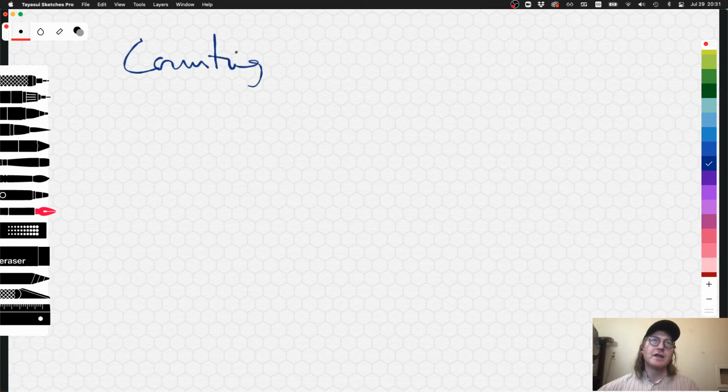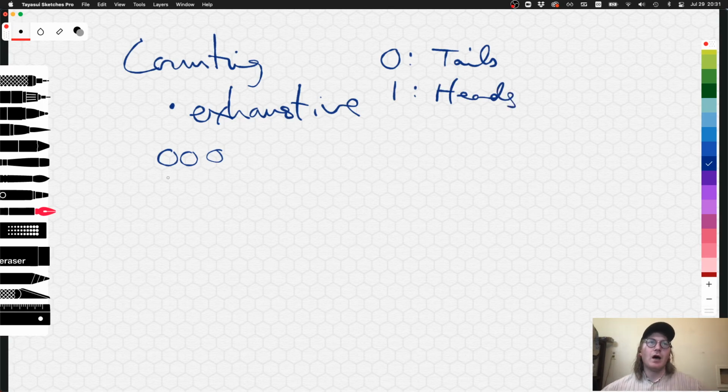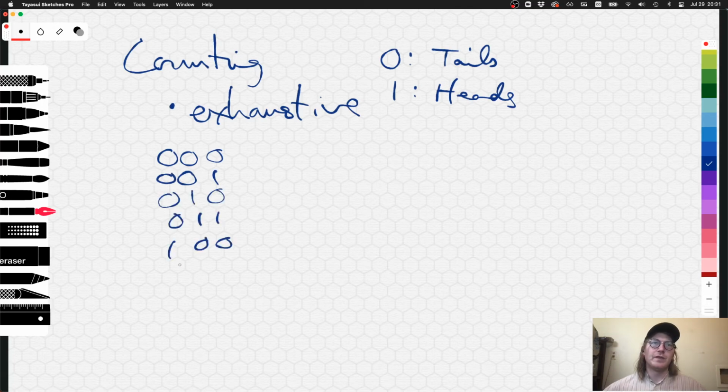We've been doing this, and one thing that you might notice about counting is that it is exhaustive. If we have some sort of binary system where 0 is, let's say, tails, and 1 is heads, for 3 subsequent coin flips, we can exhaustively represent this by counting, right?